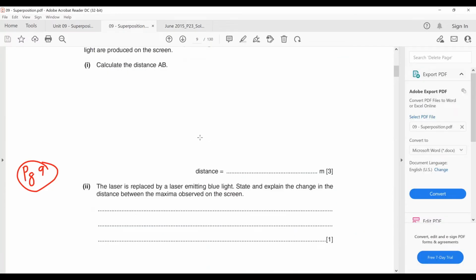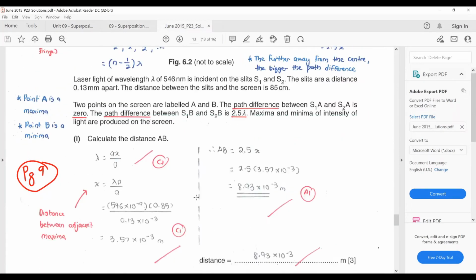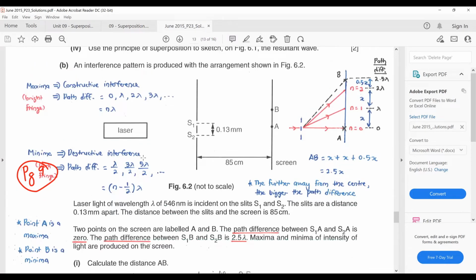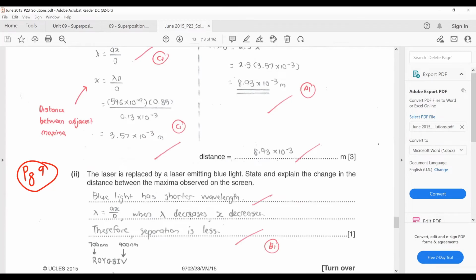If you just look at page 9 of your worksheet, I discussed this last week for you. We were talking about this example on double slit interference of light. In the state and explain question at the last part, it was mentioned that the laser is replaced by a laser emitting blue light. State and explain the change in distance between the maxima observed on the screen.